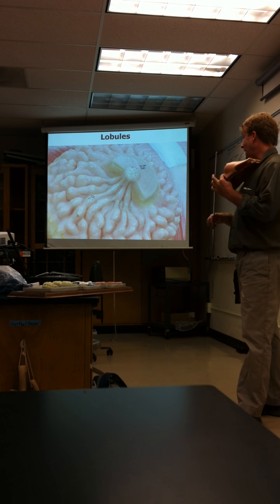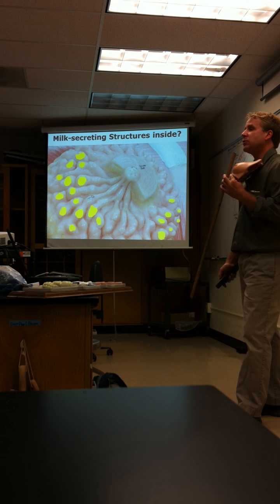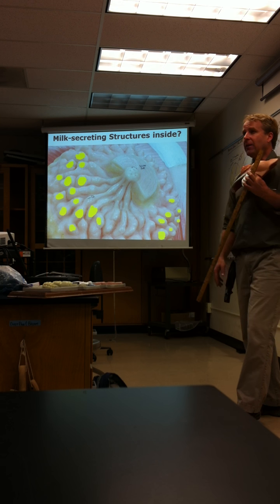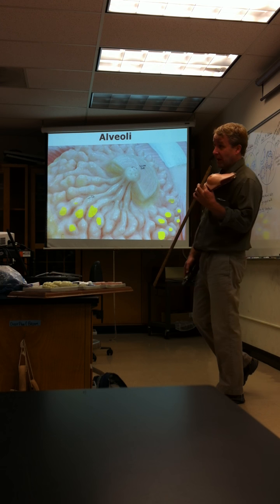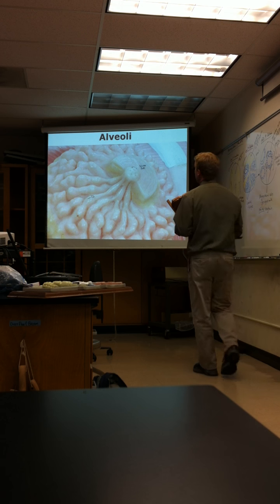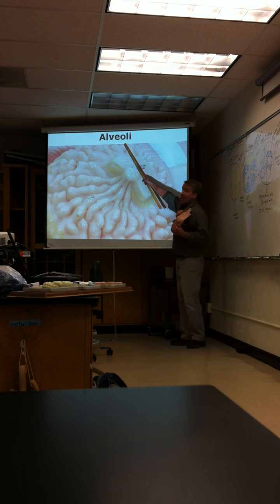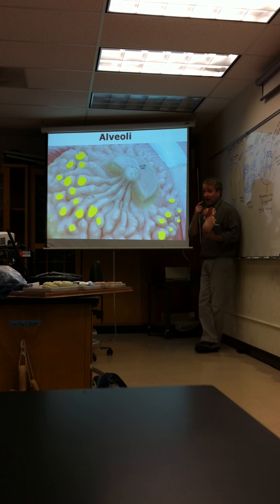And then you could be asked, with the model, to identify the milk-secreting structures inside. And the milk-secreting structures inside are the alveoli. That is how those would be asked. Same spelling as the alveoli in the lung, and you may remember there was an alveolus for the tooth as well.